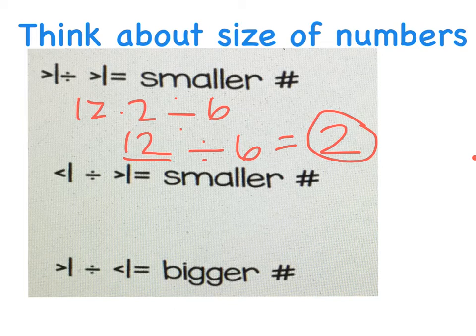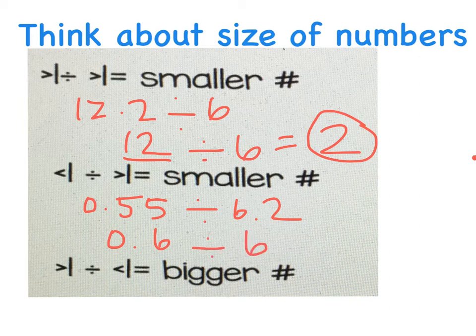When my first number is less than 1, let's say we had 0.55, and I divide it by something greater than 1, like 6.2, we could estimate to 0.6 divided by 6. 6 tenths divided by 6 is 1/10. Again, my answer is smaller than the number that I started with.